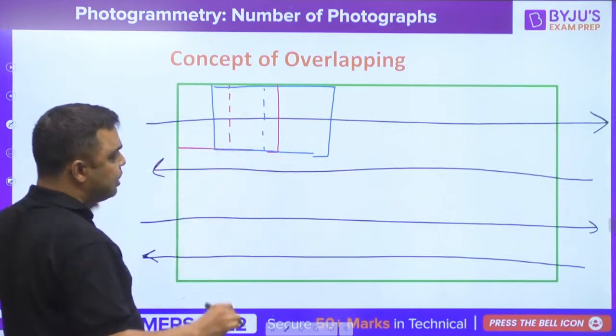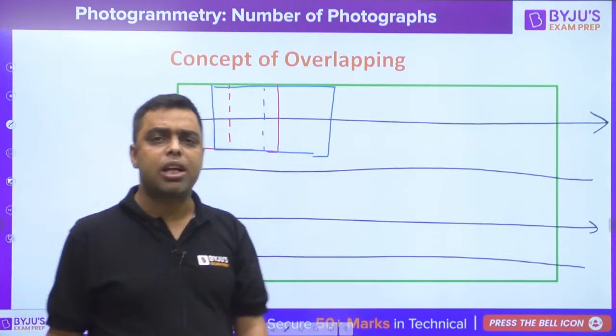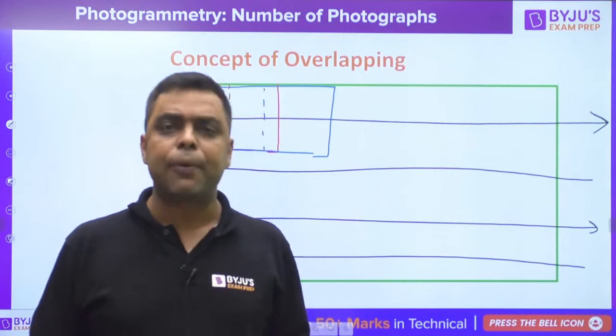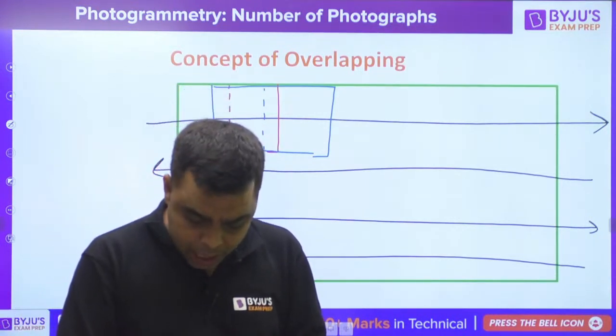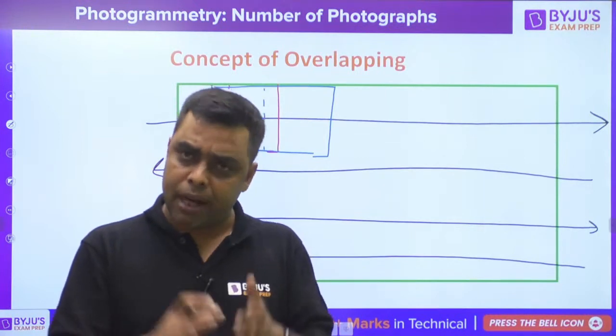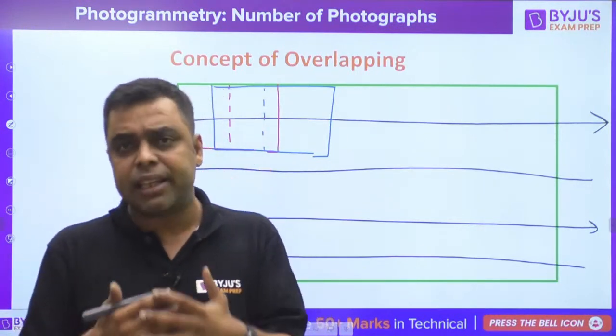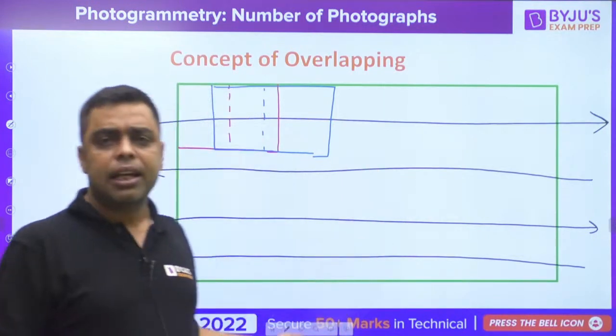And this overlap in the direction of flight line is called as longitudinal overlap, end lap or forward lap. Longitudinal overlap, end lap or forward lap. Understood guys? What is the reason behind it? That I will explain later in this session only.